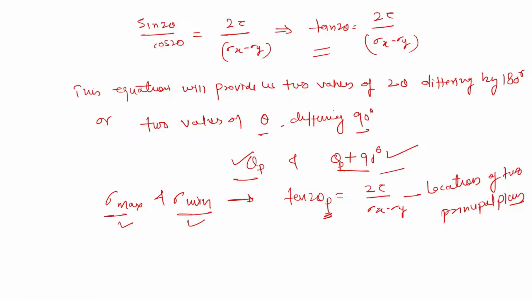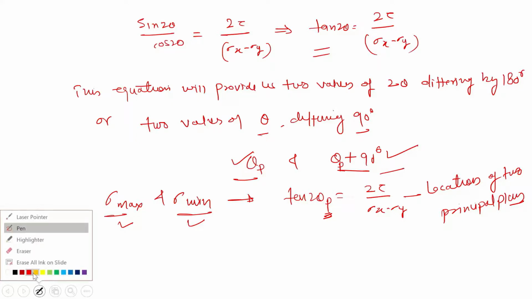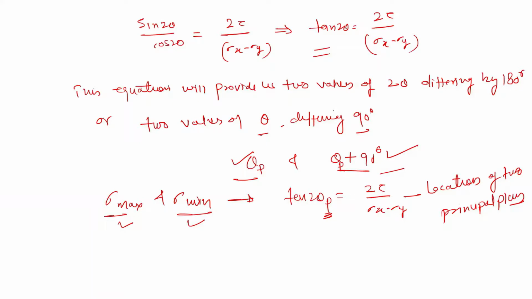Now for our second formula, we have tau theta equal to minus 1 by 2 (sigma x minus sigma y) sin 2 theta plus tau cos 2 theta.